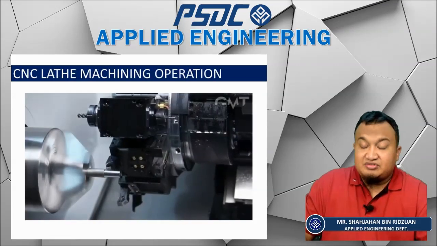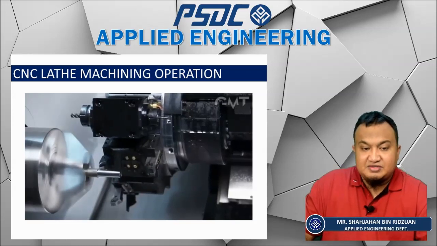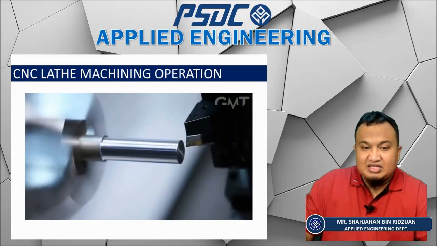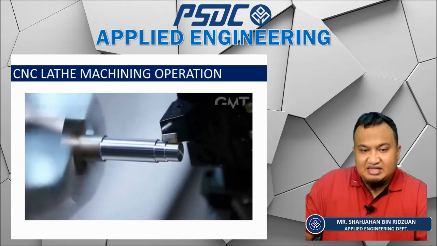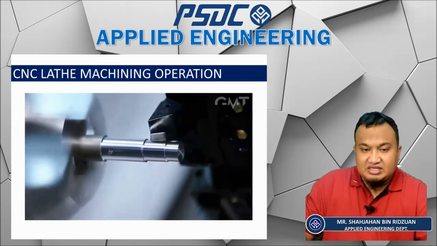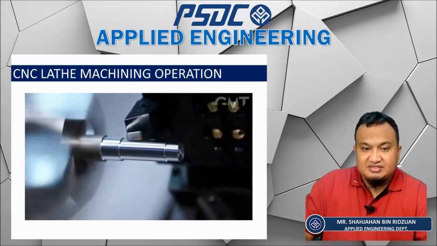And for the cutting process, I think you have experience using a manual lathe to cut materials. But in a CNC lathe, the tools and the setup for the machines are quite different.